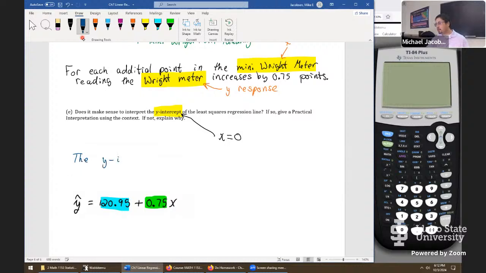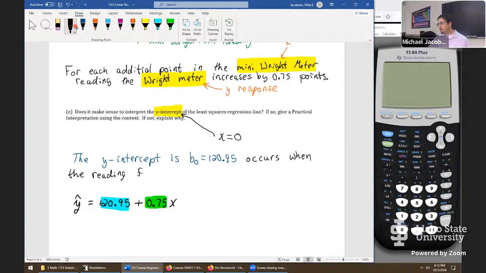The y-intercept is, our author calls this B naught, the first value that occurs, equals 120.95, occurs when the reading from the mini rate meter is 0.